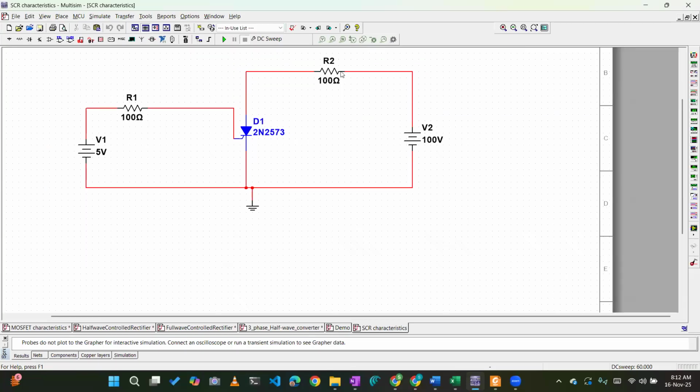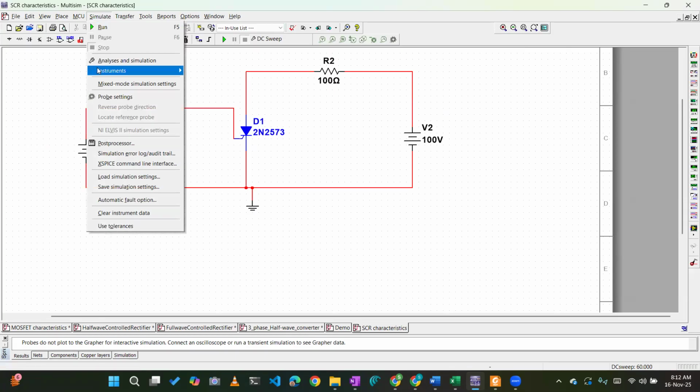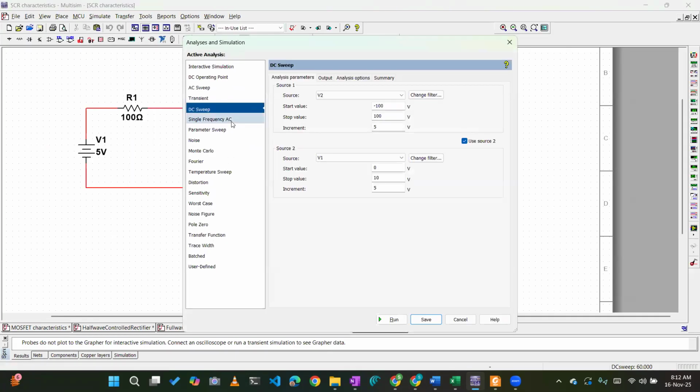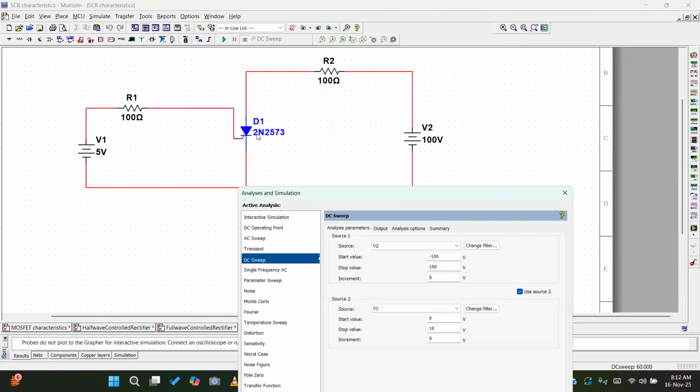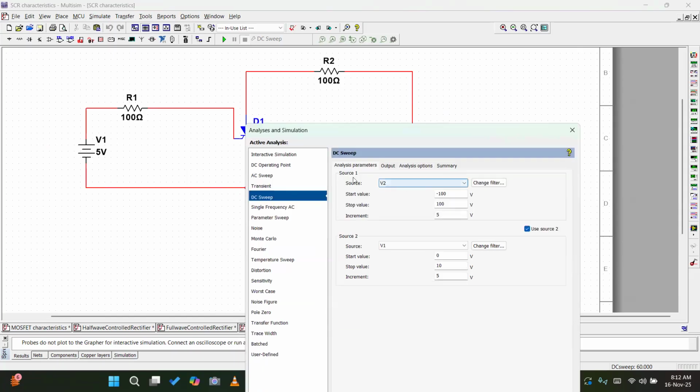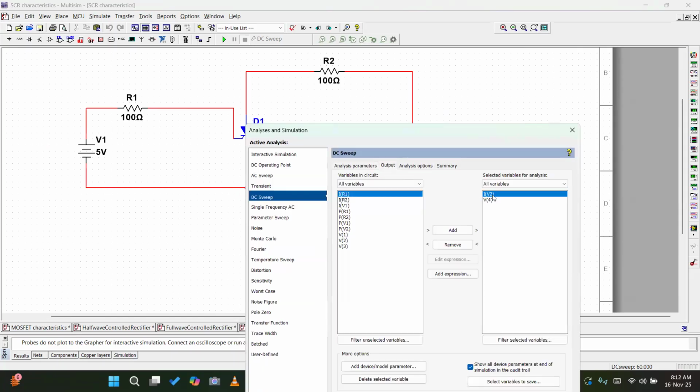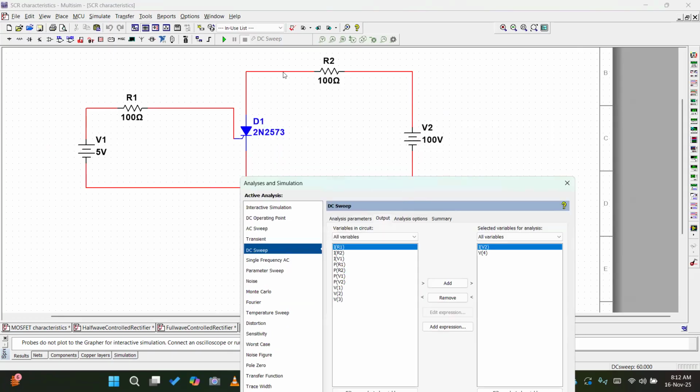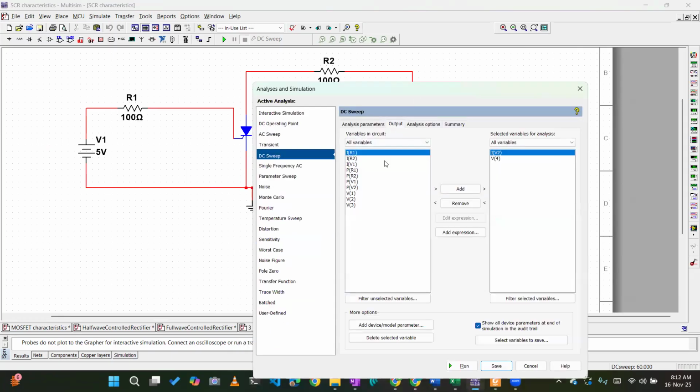Here the current limit is higher, so we are putting 100 ohm here. If you check the analysis and simulation, what we want to plot in SCR is current versus the voltage V2. Therefore IV2 is what you want to plot, and at different V1.